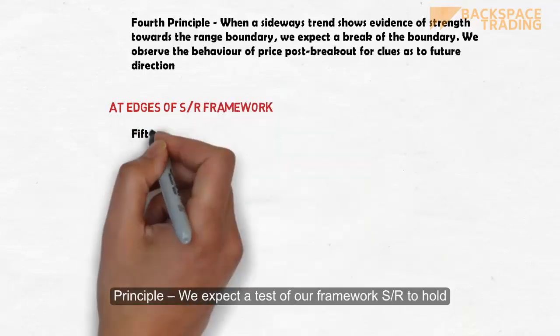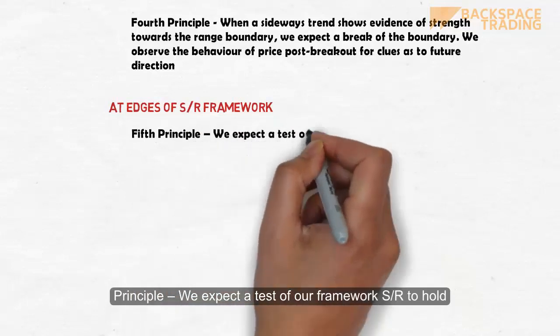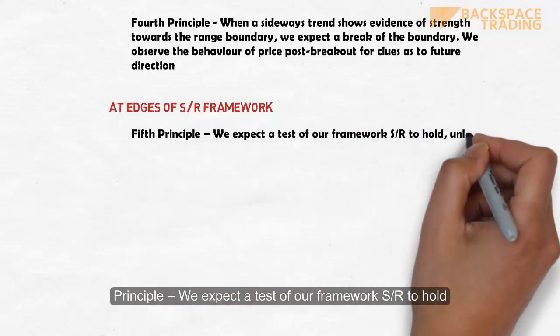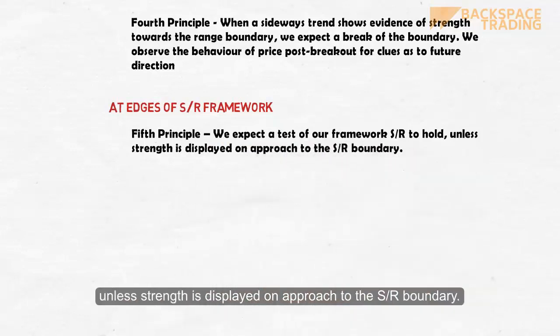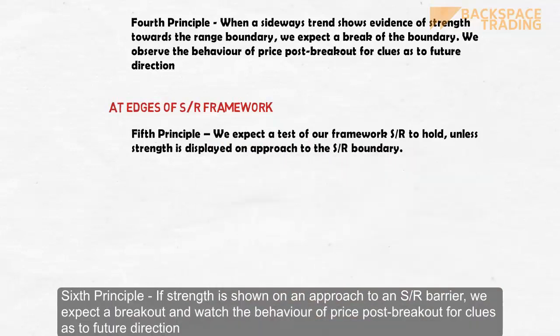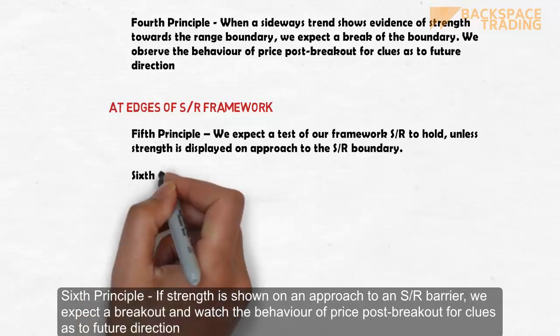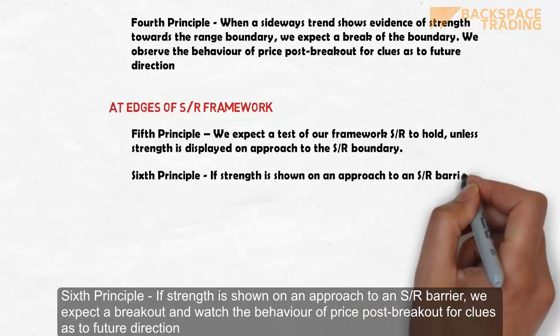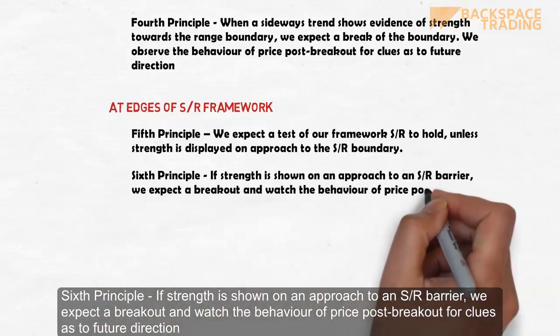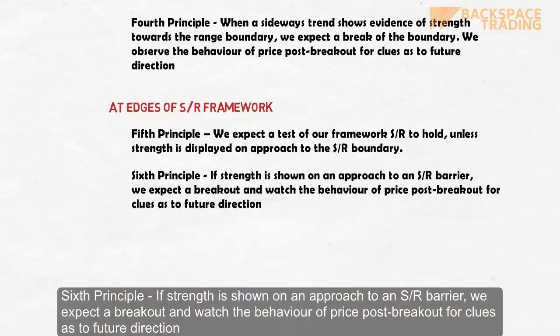This will be the fifth principle: we expect a test of our framework to hold, and we should also check the strength displayed. The sixth principle states if strength is shown on the approach to this S&R barrier, we expect a breakout, and we will be watching the behavior after that.